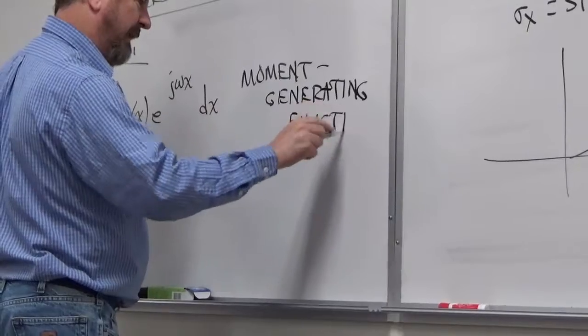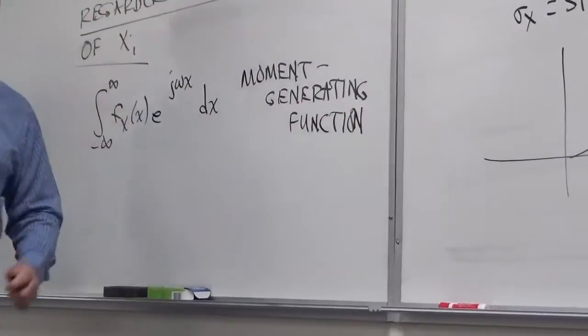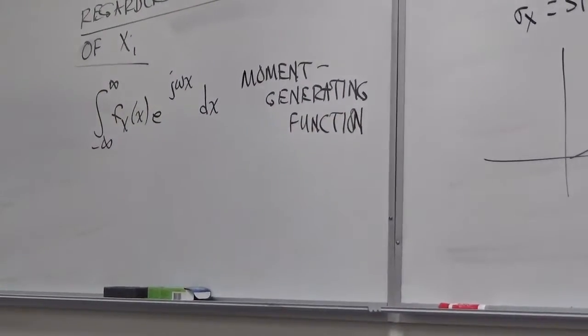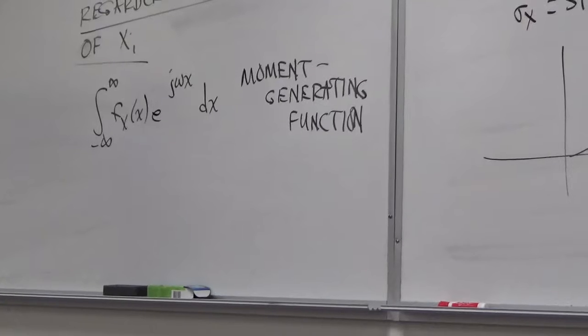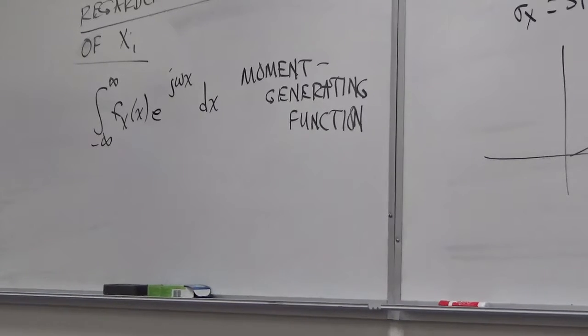What is one of the ways we avoided doing convolution? By using the, second word is transform. What? This one's Fourier because it's j omega, right?